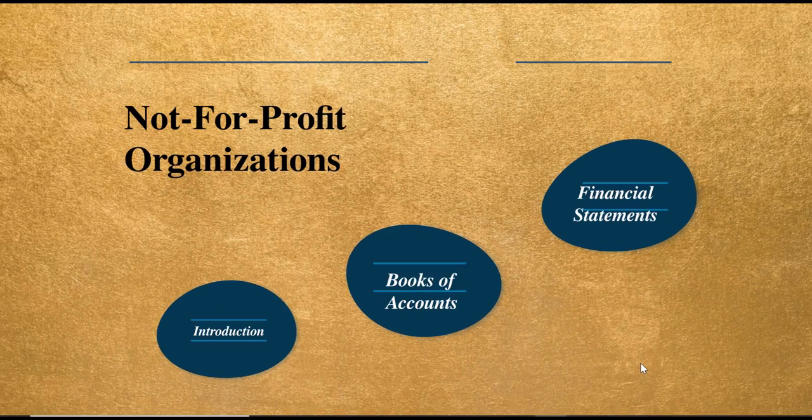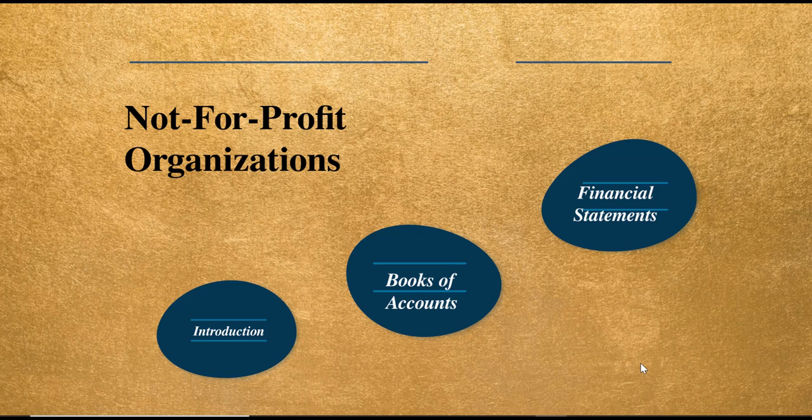So in this video, we learnt about the meaning of not-for-profit organizations, that they aim at providing service to society. However, even these organizations should maintain books of accounts and prepare financial statements at the end of the accounting period.